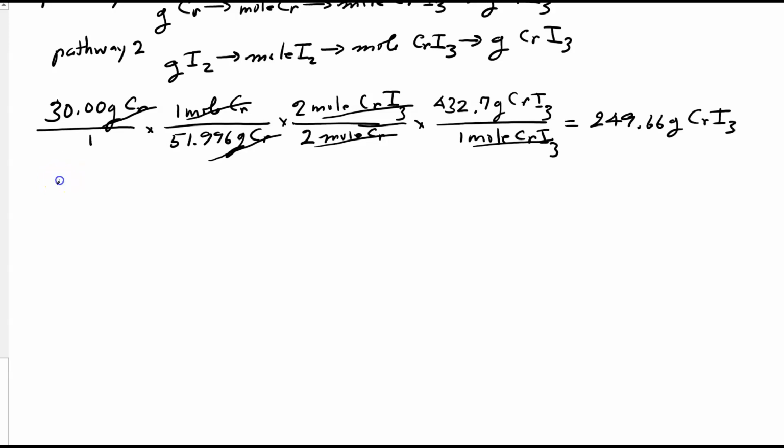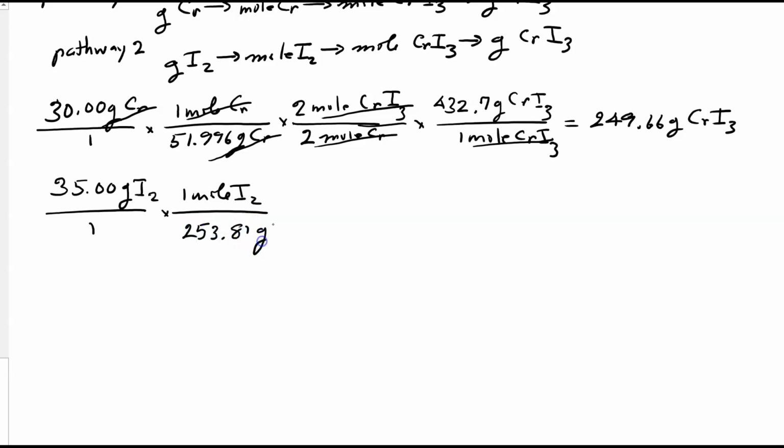In this case, we have iodine, so we have 35.00 grams of I2. It's over 1. Now 1 mole of I2 is 253.81 grams. Okay, and we have 2 moles of CrI3, which is in the balanced reaction, to 3 moles.